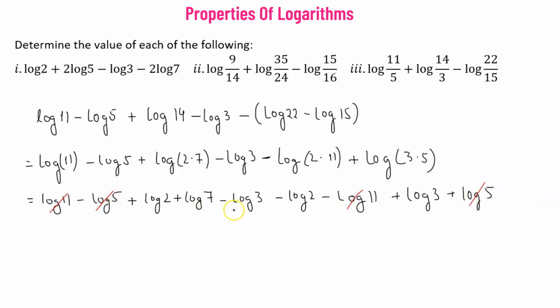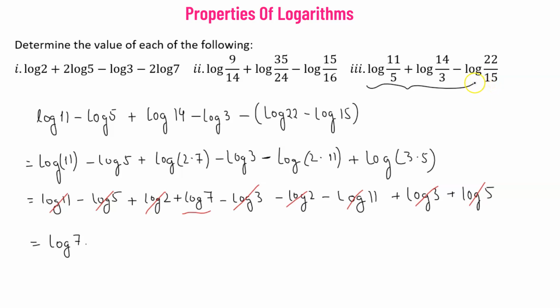We have negative log 3 and positive log 3. Positive log 2 and negative log 2. And we see that only one of the terms survives, which is log of 7. So this is going to be the final value of log 11 over 5 plus log of 14 over 3 minus log of 22 over 15.